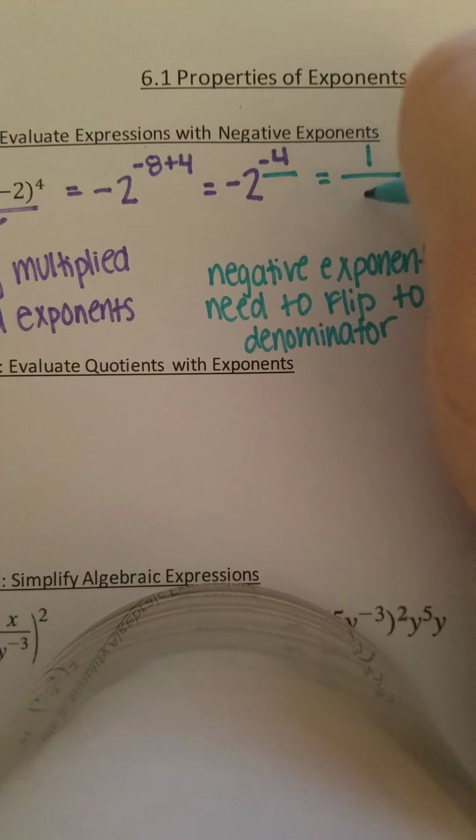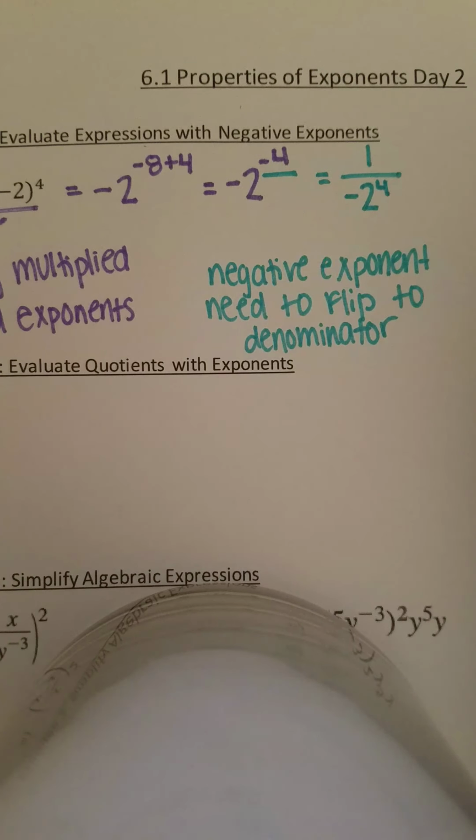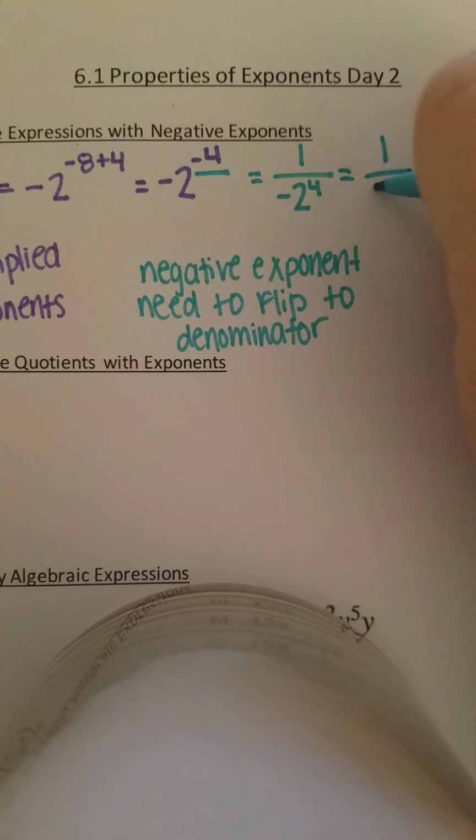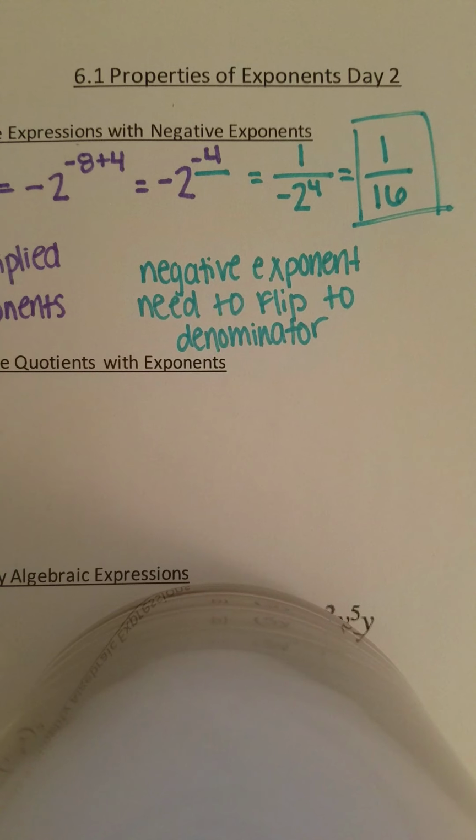So now we're going to have 1 over -2 to the 4th power. If this is a negative, it stays a negative, but since we're taking it to the bottom, the negative on the 4 goes away. Our goal is to get rid of the negative on the exponent. Now, in your calculator, or if you just happen to know, -2 to the 4th power is a positive 16. So our final answer would be 1 over 16 for this problem.